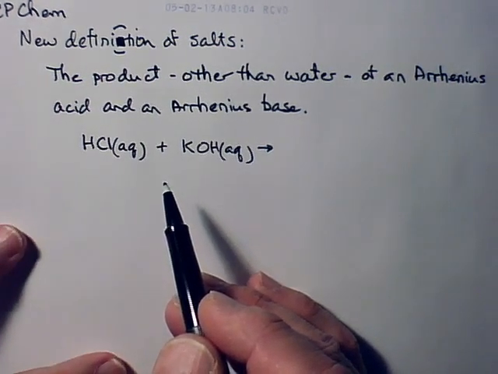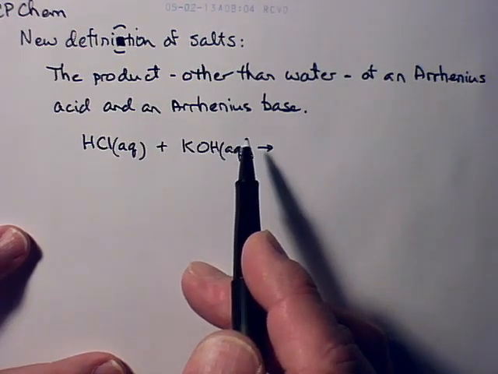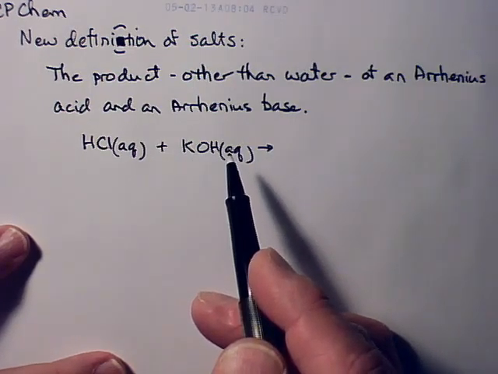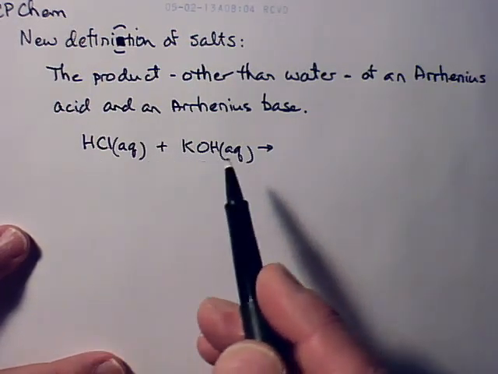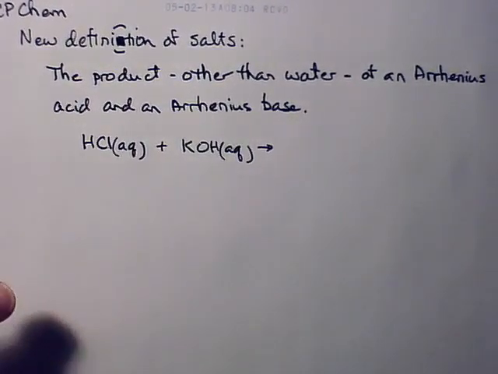So when you have an Arrhenius acid and an Arrhenius base, it's going to be a double replacement acid-base. The big category is double replacement. That covers things besides this. But this is a specific subcategory within that larger category called an acid-base reaction.